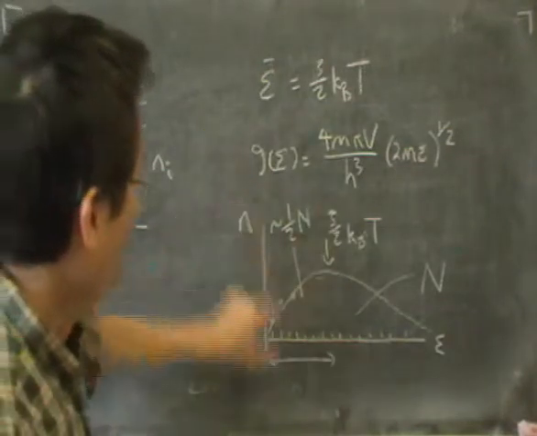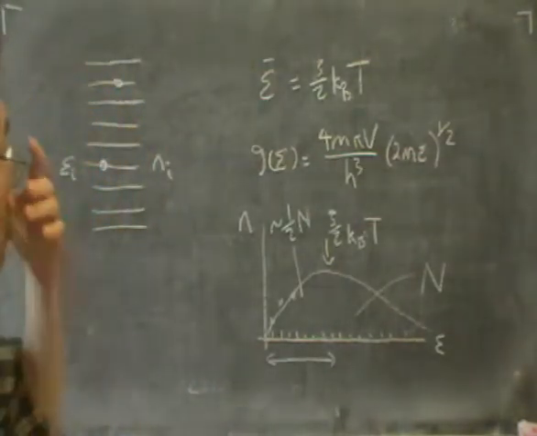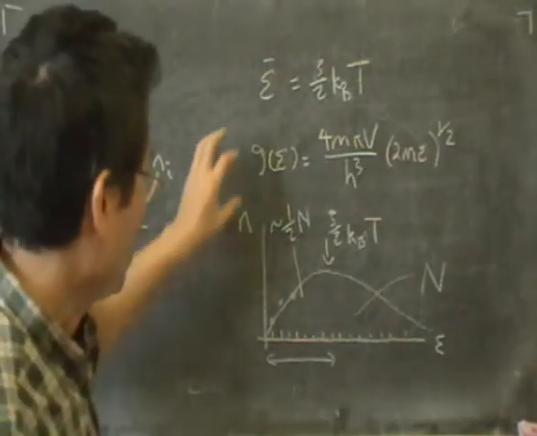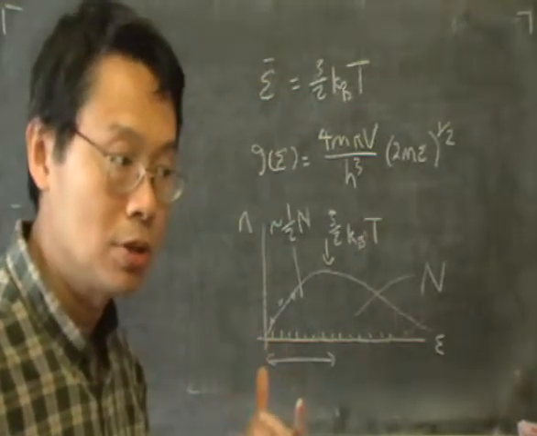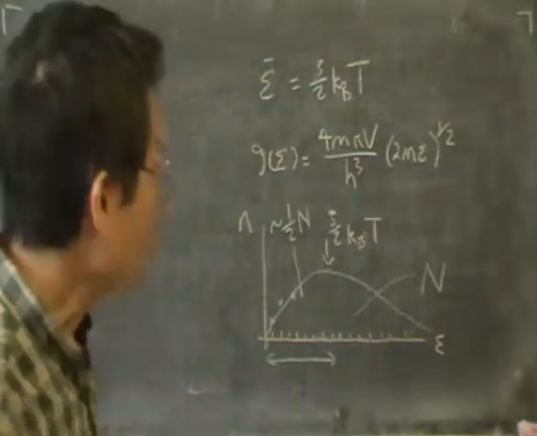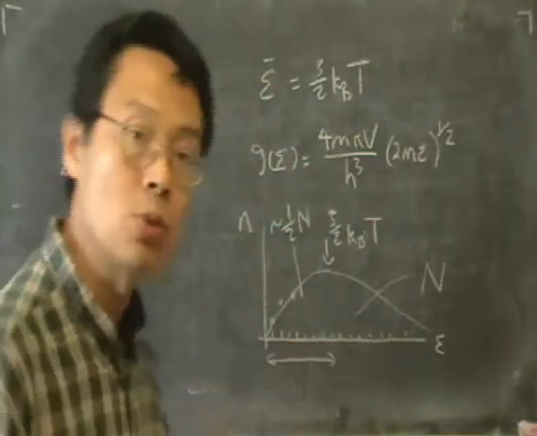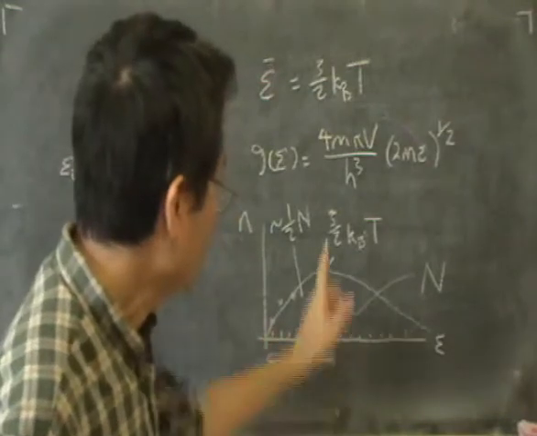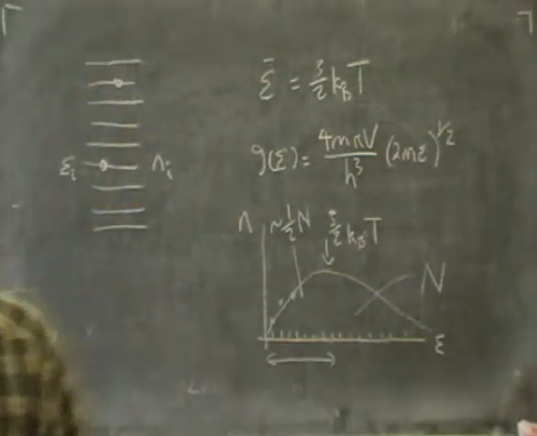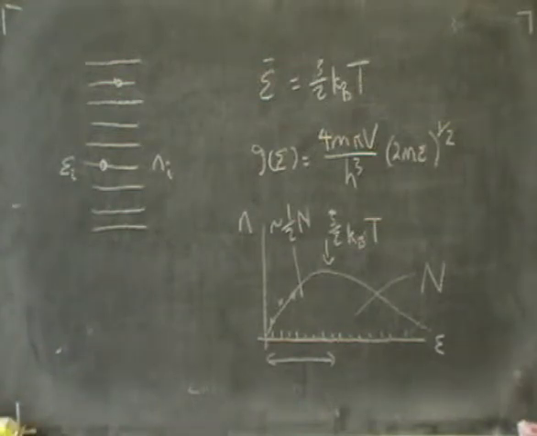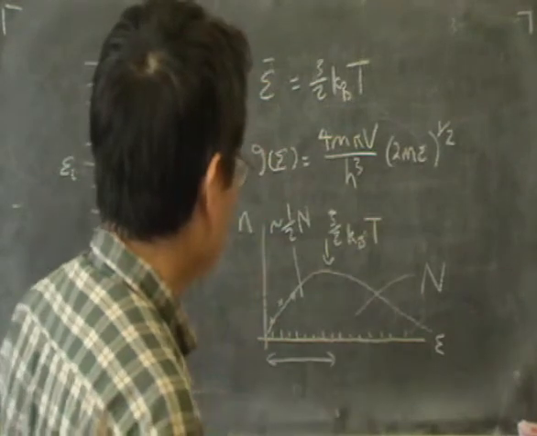So to find the total number of energy states below that energy, because the density of states is the number of states per unit energy, we could integrate this number of states from 0 to 3/2 kBT to find the number of states. Or there's another way to do it.